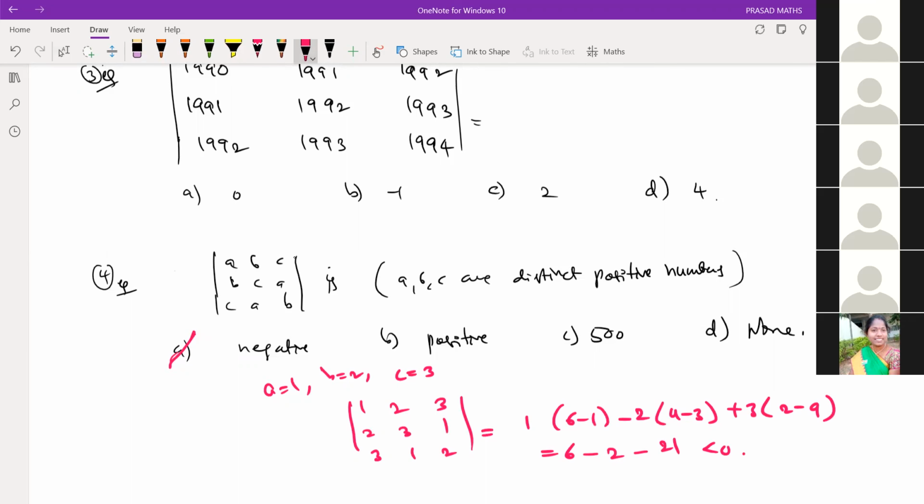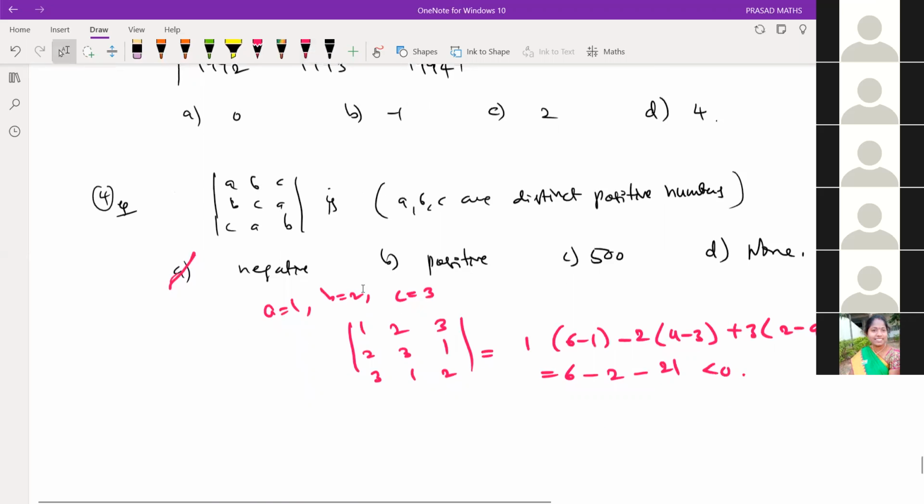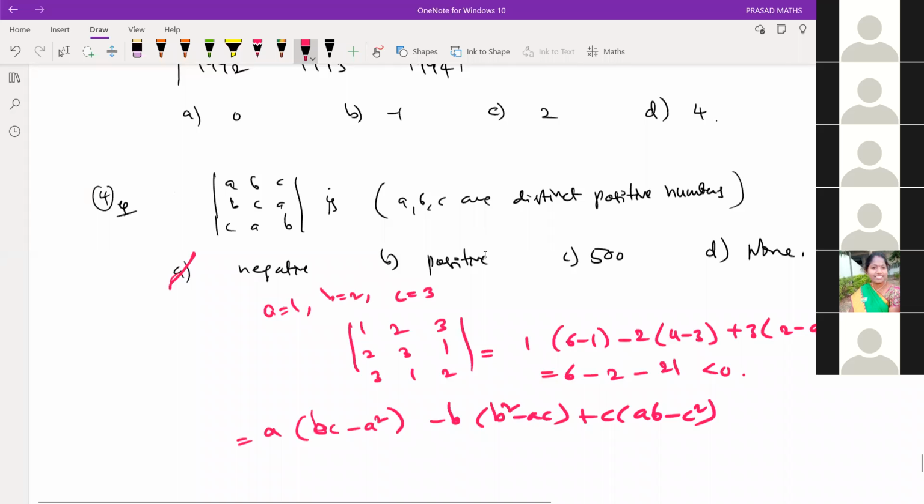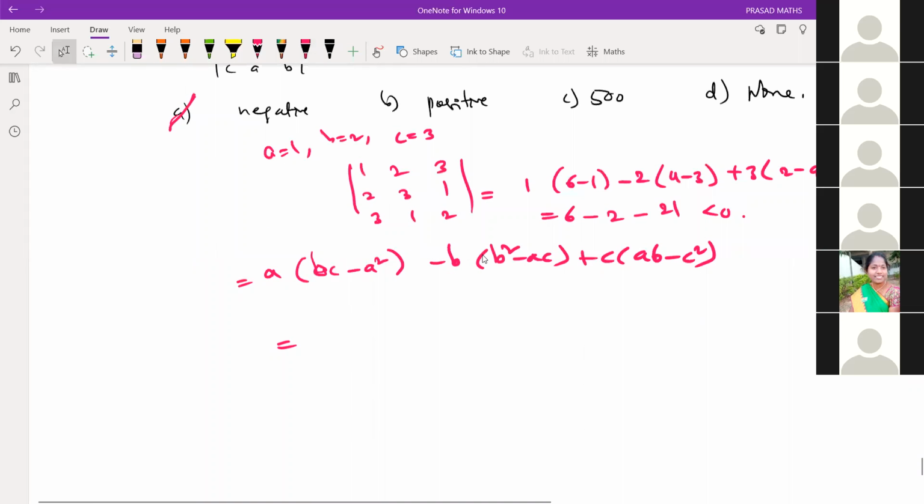Or else you can go for the proof. It is also easy by proof. Once you compute this, generally A into CB means BC. This is the textbook proof. Minus B into B square minus AC, plus C into AB minus C square. Therefore what you observe is 3ABC.